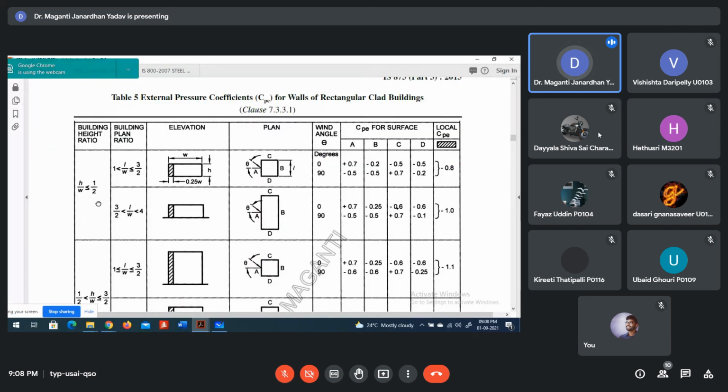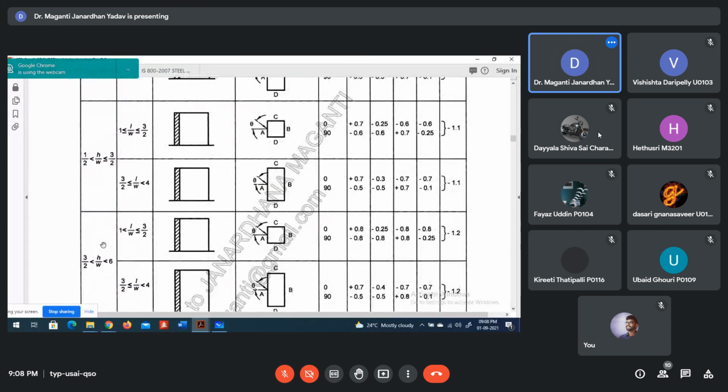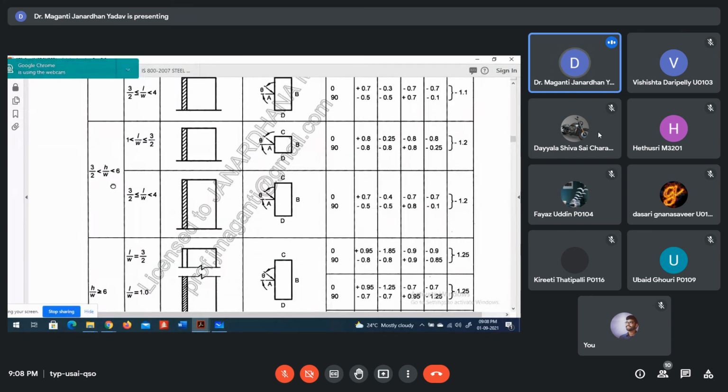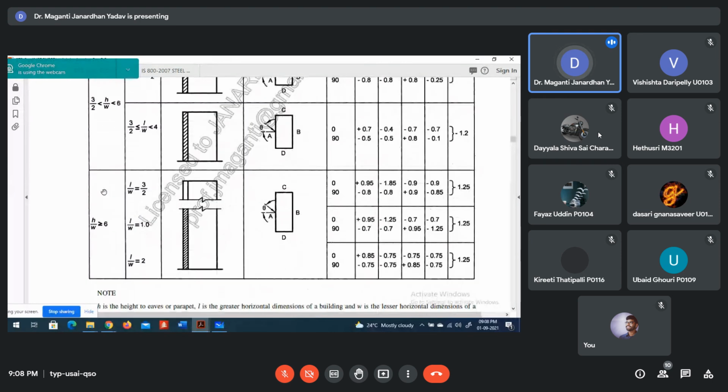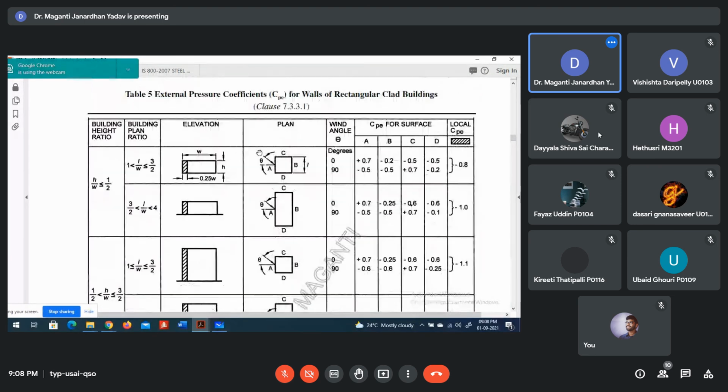If H by W is less than or equal to half, H by W is greater than half and less than or equal to 3 by 2, greater than 3 by 2 and less than 6, greater than or equal to 6. For intermediate angles, we have to interpolate these values.